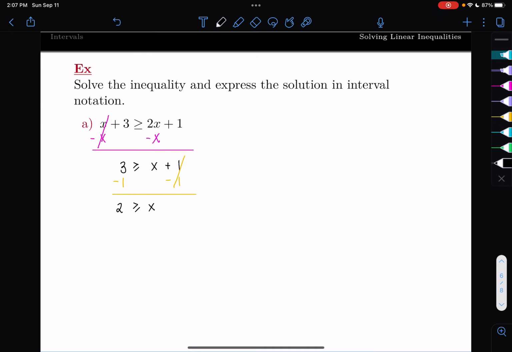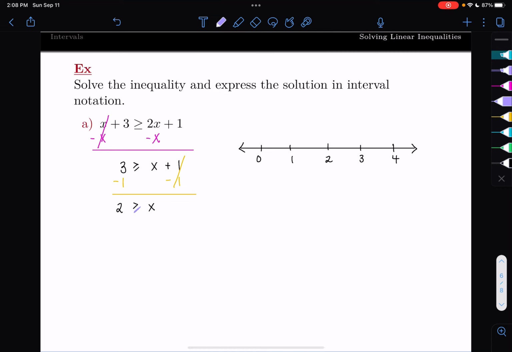Okay. So if you're comfortable jumping right into writing this in interval notation, feel free. But if you're unsure, draw a number line. And this is going to be a practice that helps us later in the future as well. So 2 is our important number. So let's go ahead and write a couple numbers on each side. So we've got 3 and 4.